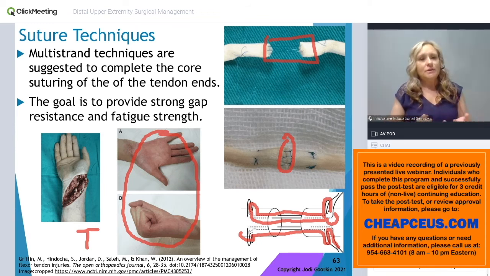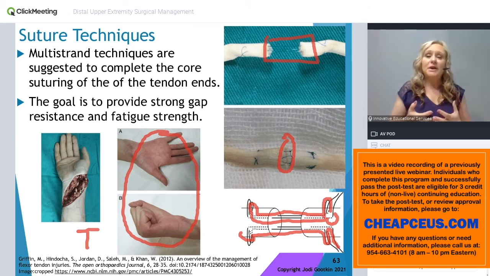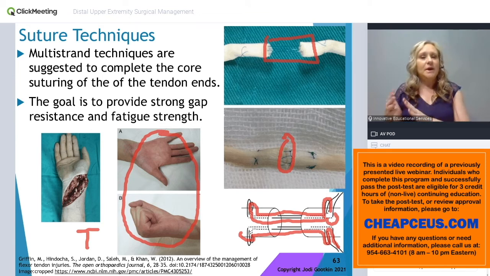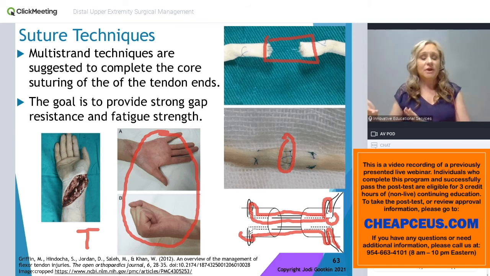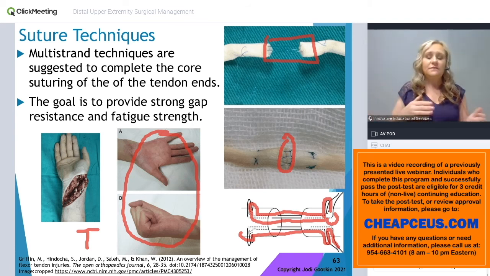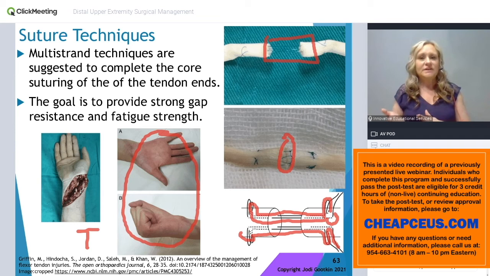The research that I looked at, looking at when failure might occur of a reattachment or suturing technique of a tendon, is that if the individual has fewer strands that were utilized in order to hold that tendon together, for example, if they have 2 only, they found failure tended to happen about 18 days out, versus if they had more like 6 strands utilized to secure it, failure tended to happen around 47 days out.